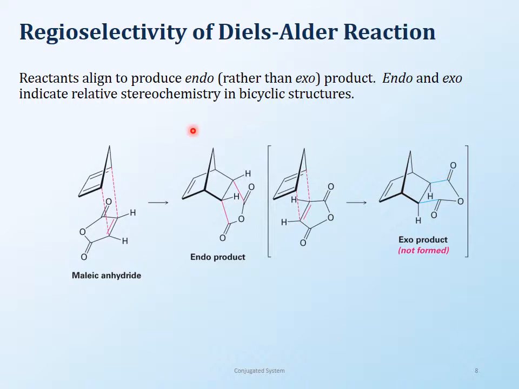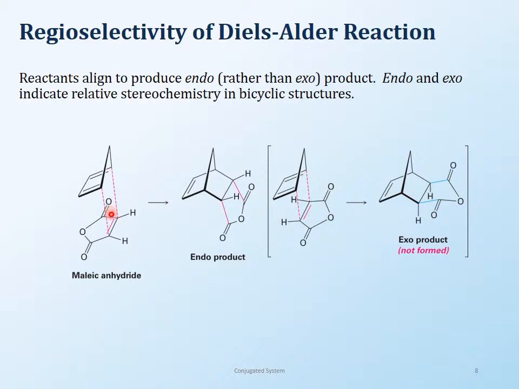So here we have maleic anhydride, which is the dienophile, and here is the diene, which is cyclopentadiene. There are two ways that the maleic anhydride can approach the cyclopentadiene. This is one approach and here is the other. So let's look at it one by one.